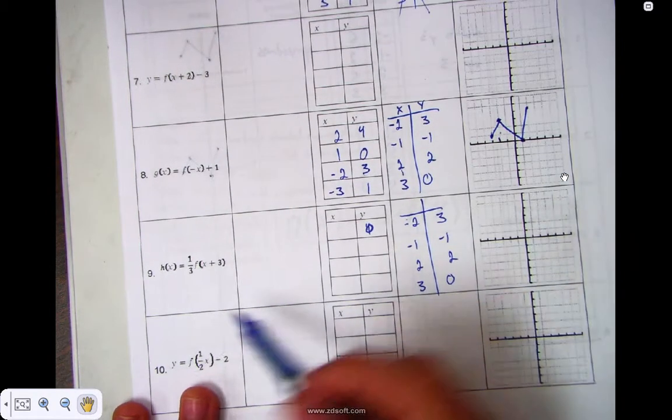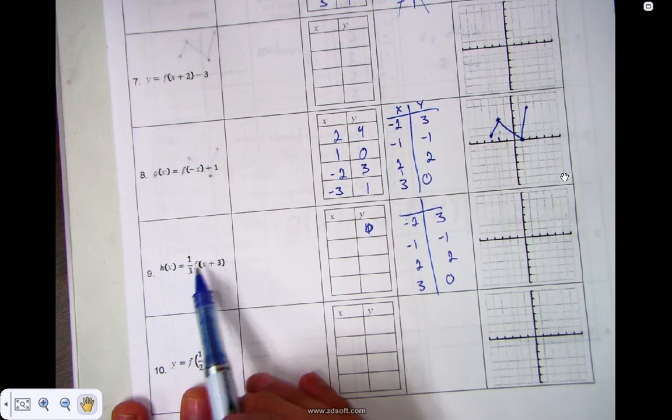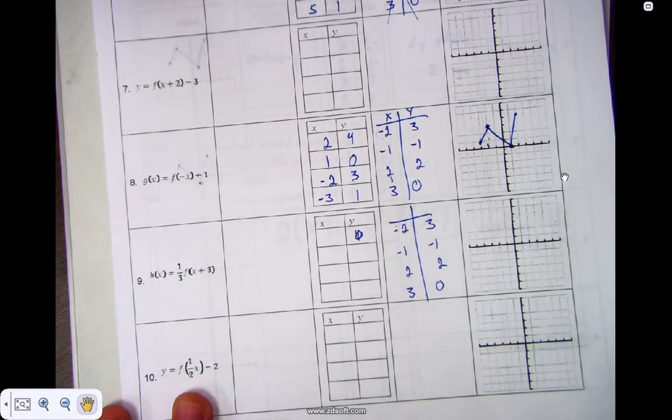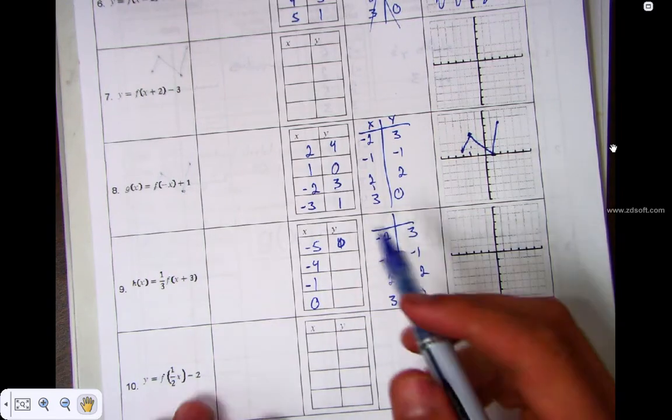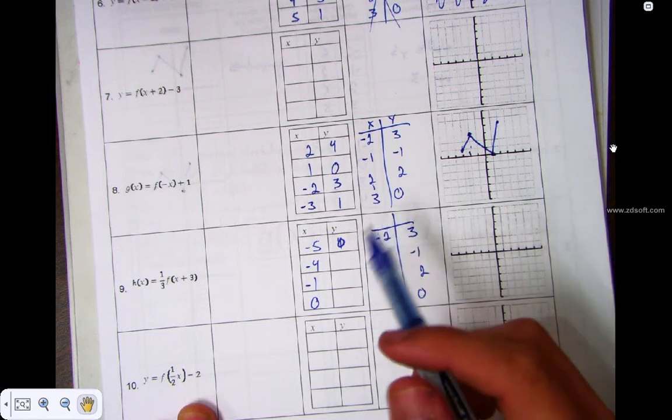So look. Now I'm going to be multiplying all my y's by 1/3 and I'm subtracting 3 from all my x's. So my x's are going to become -5, -4, -1, 0, and there's the bell, so I'm going to have to hurry up.